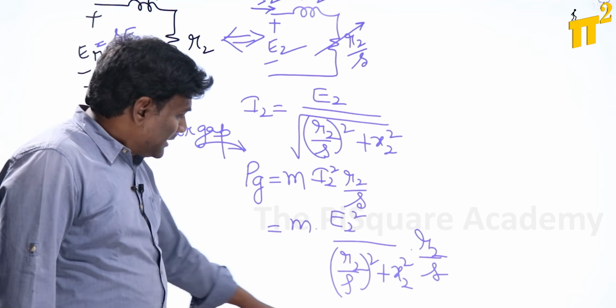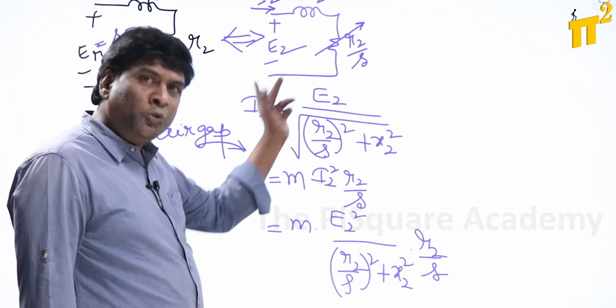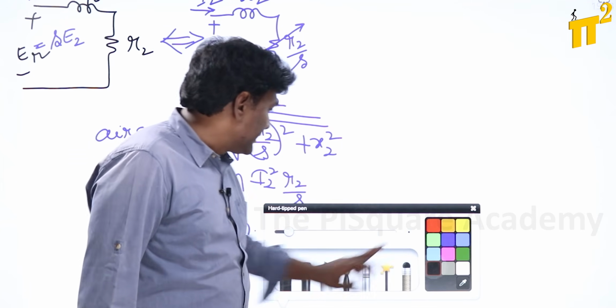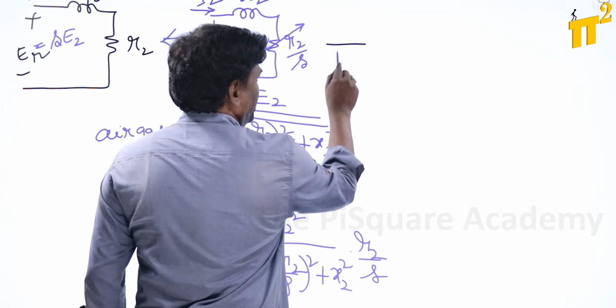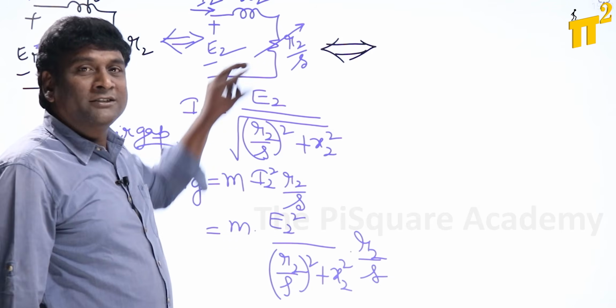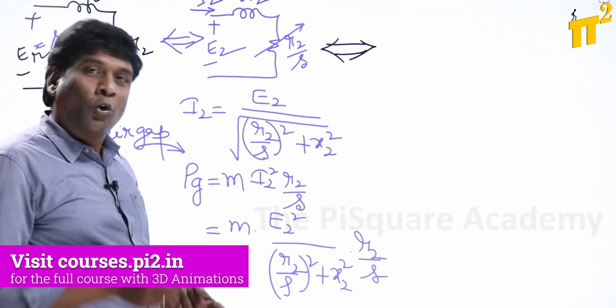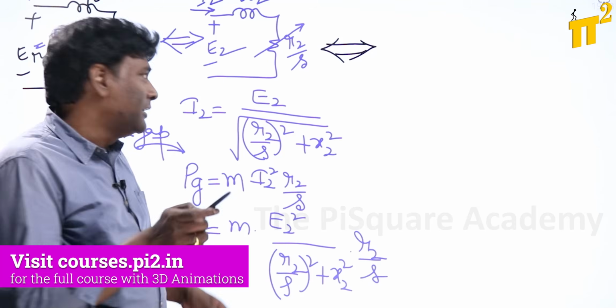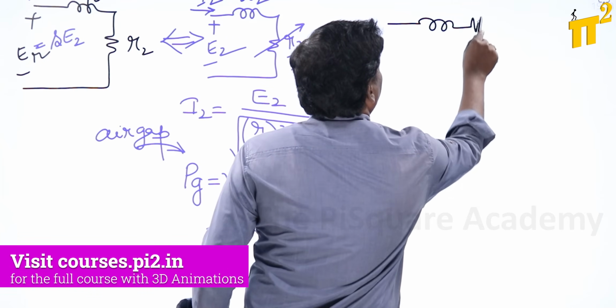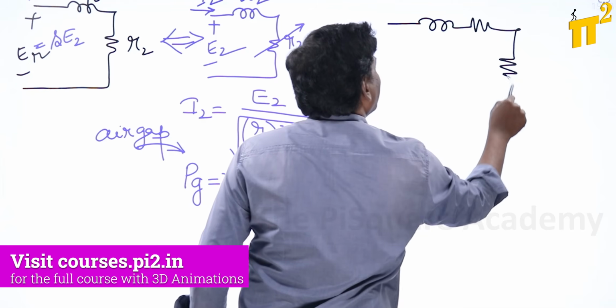Now let me transform the same model into an equivalent model again. Let me use black again. If I transform this into an equivalent circuit, I can divide this R2 by S into two terms, because rotor resistance should be there. For example, if I divide like this: rotor reactance, rotor resistance, and some other external resistance.